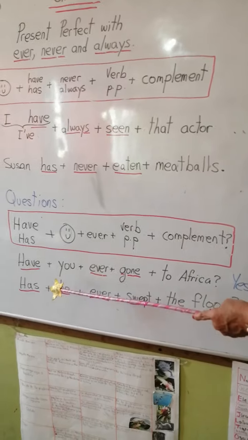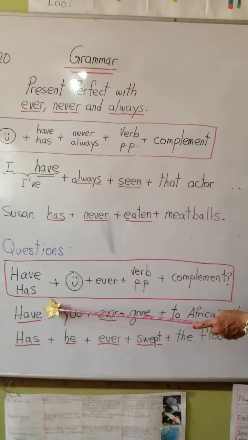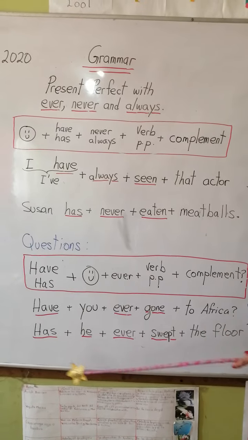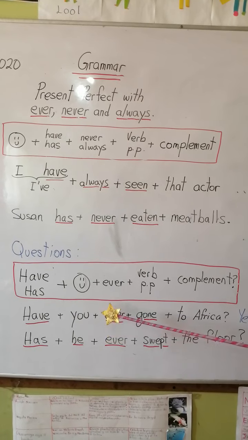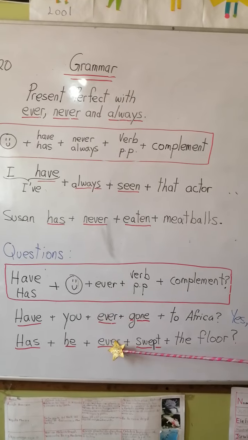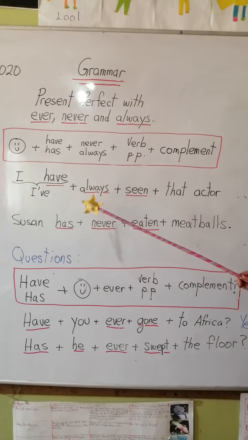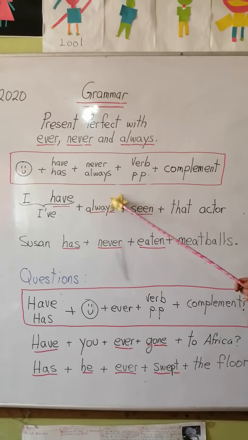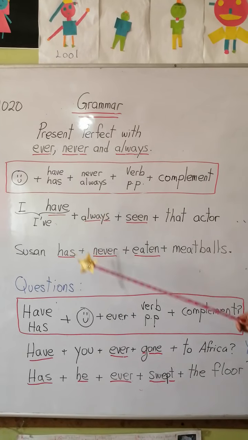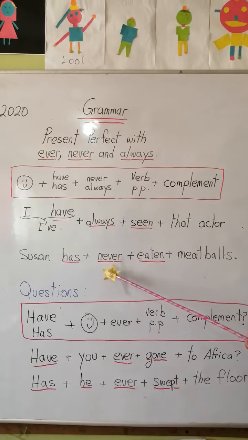Here you have the 2 examples, using have or using has. And remember, for questions you are going to use ever. For sentences you are going to write always or never. Always is affirmative. Never is negative, okay?